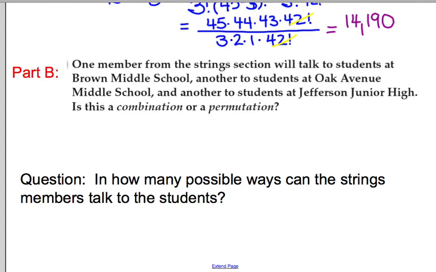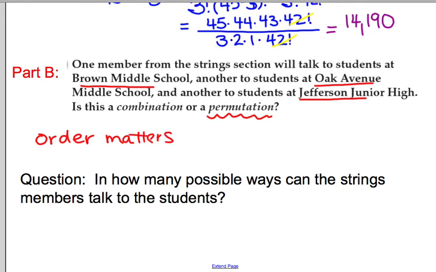Now, this one is an example of a permutation because one is going to Brown Middle School, another one is going to Oak Avenue, and the last one is going to Jefferson. We have to make a difference in the order because one has to go in one direction. It's not just three kids going to one school. So order matters. So now we're going to do the permutation.